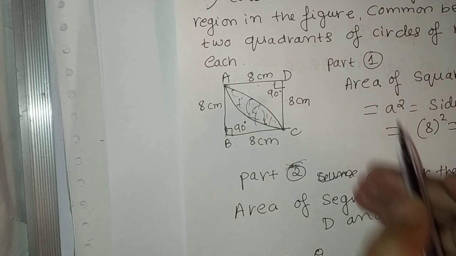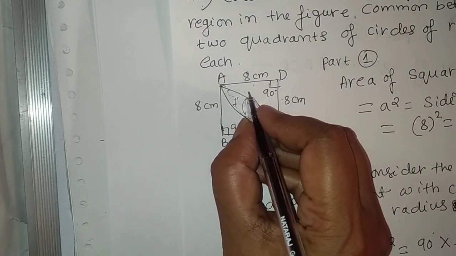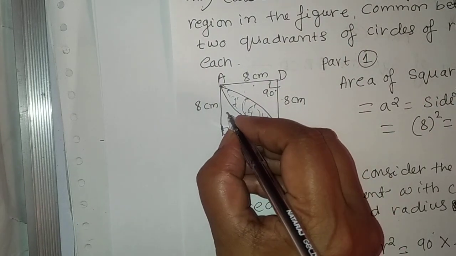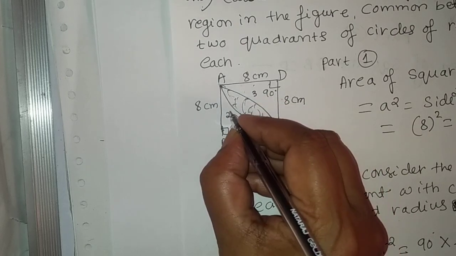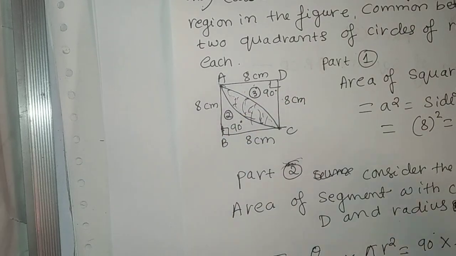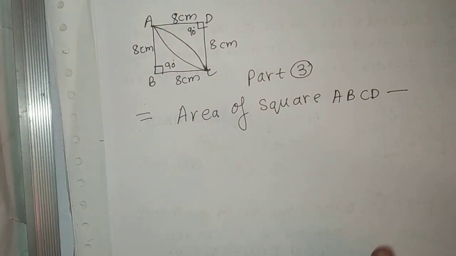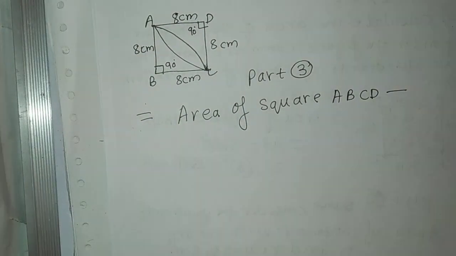I'll give the numbers here. Part 1 is the area of the square. We'll write this one as part 2 and 3. So here we finish part 2. We will consider part 3 as this one.